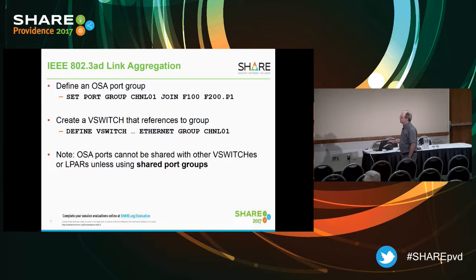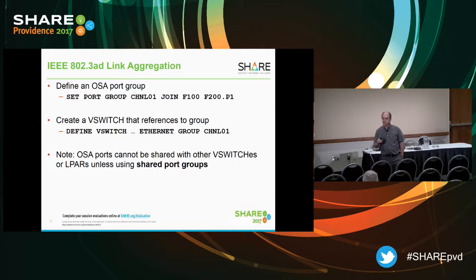Now, there's a rule about this. Link aggregation control protocol means I can have only one cook in the kitchen. I can't share this OSA with somebody else who's not playing my game. So other LPARs cannot use this, except in a case I'll show you.